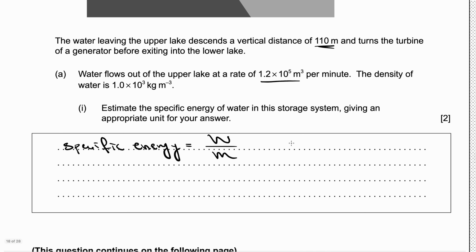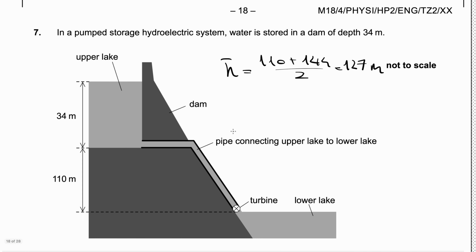Now from this equation, we know that specific energy is basically joules over kilogram. It's pretty obvious that the only initial mechanical energy here is gravitational potential energy.